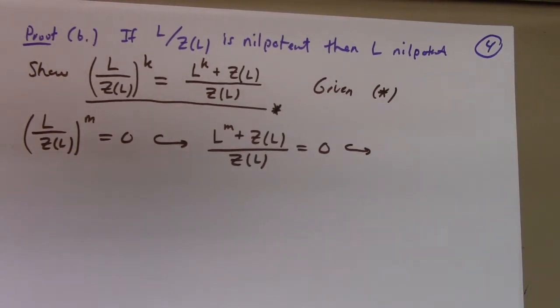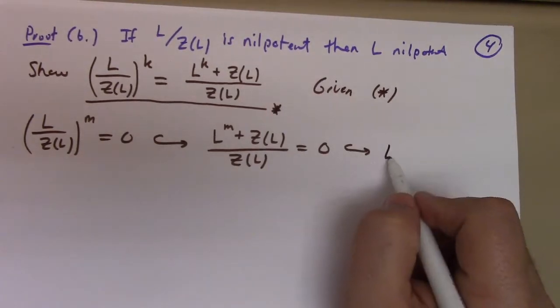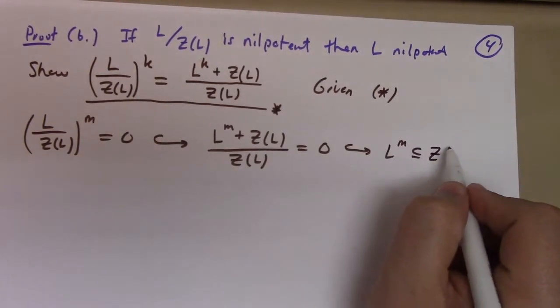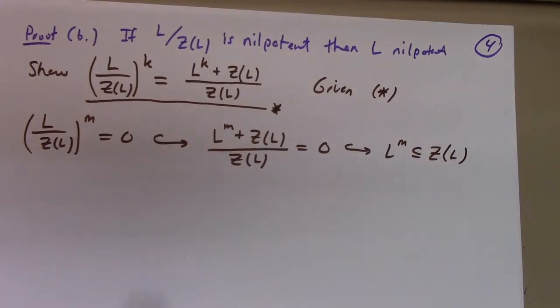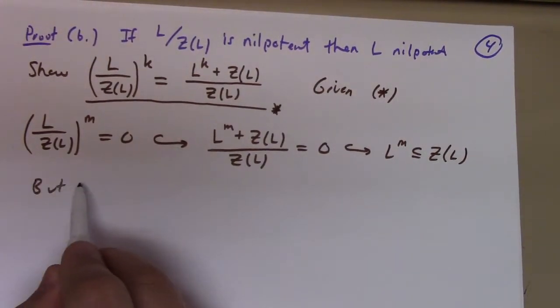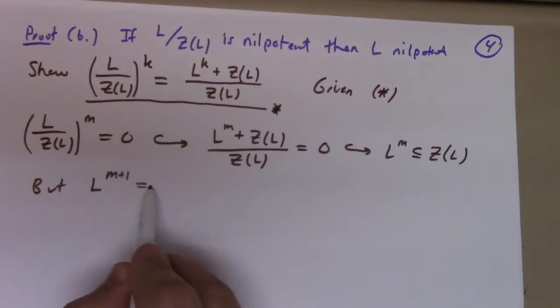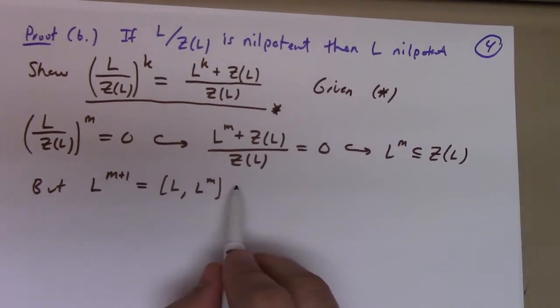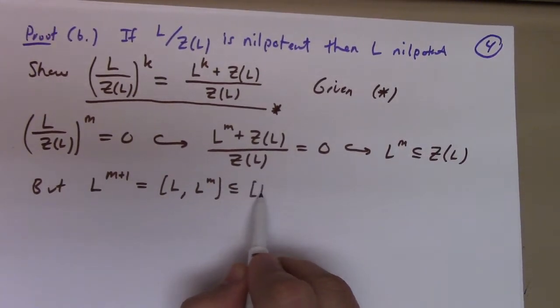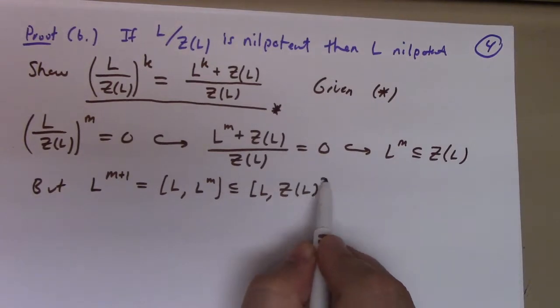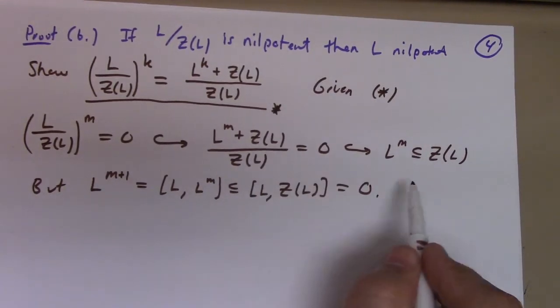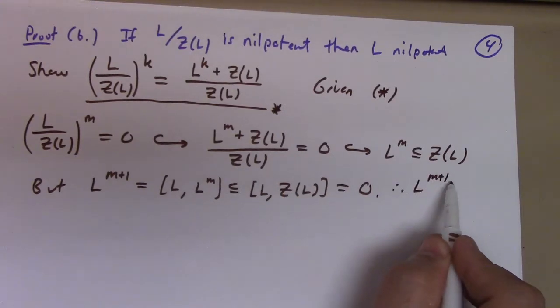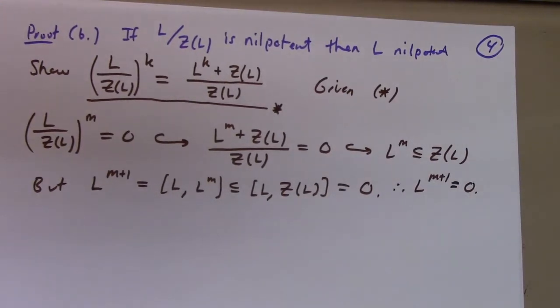No. It would tell us that Lm was a subset of the center of L. But then one more step: Lm+1 is L with Lm, and that's a subset of L with ZL, which by definition is 0. So therefore Lm+1 is equal to 0, which shows you that it's nilpotent. So it boils down to star. How do we show star?